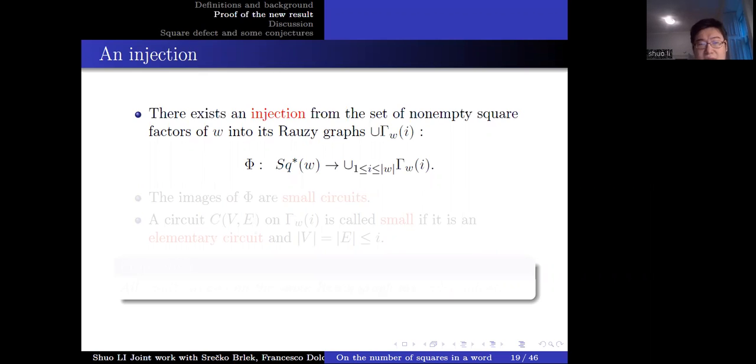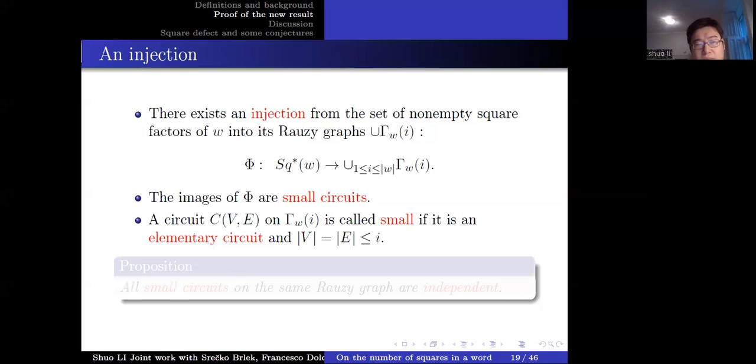And if we denote this injection by phi, we can see some more things concerning this function. In fact, we can prove that all the images of the injection phi are small secrets. Here, let me just clarify what I mean by a small secret.